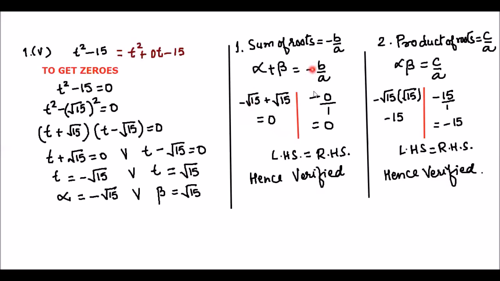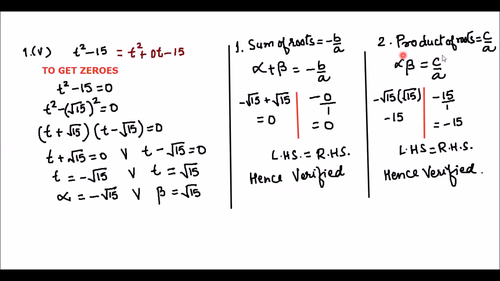Now this minus sign is from the formula, and since there is no term with t, that makes b equal to 0. So let's put the value of b, that is 0, minus 1, negative of 0 is 0. So that means left hand is equal to right hand, and therefore you can say that the relation is verified.